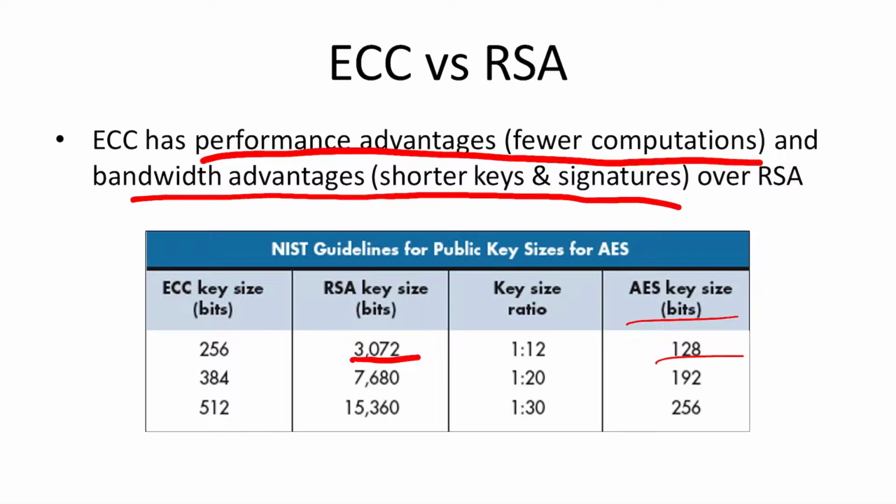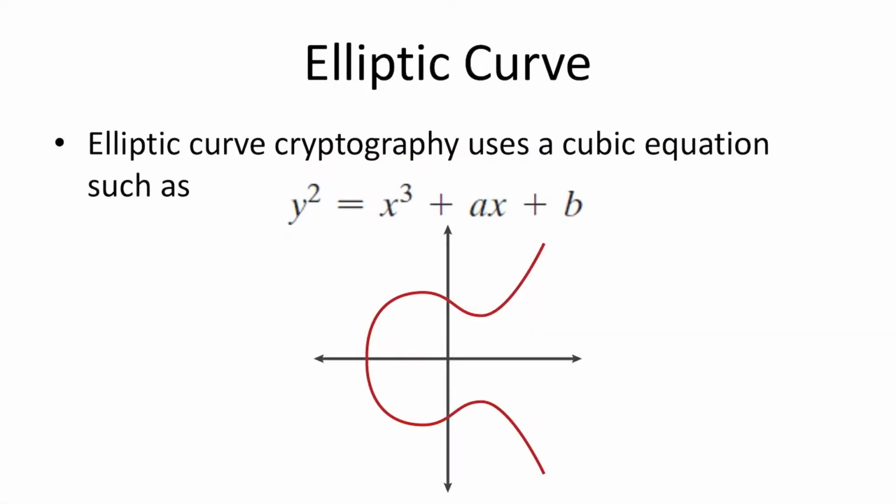Whereas for elliptic curve cryptography, public and private keys need to be 256 bits. So that's a 1 to 12 ratio in key size. That's a huge difference. Similarly, for a 192-bit AES key, we would need 7680 bits RSA public and private key, whereas for elliptic curve, we just need 384 bits. So you can see there is a 1 to 20 ratio difference between the key size for elliptic curve cryptography versus RSA.